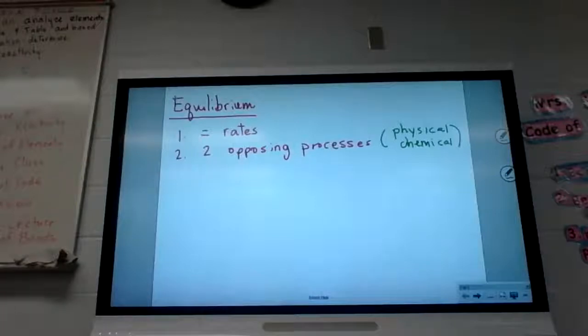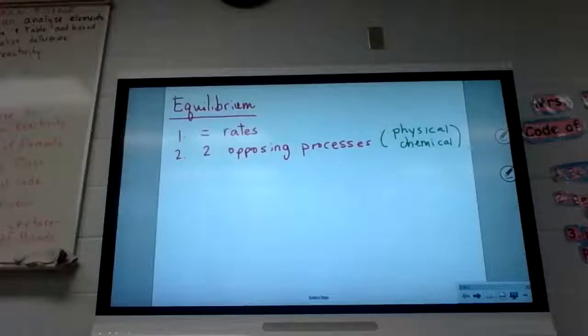Next week, best guess is Monday or Tuesday, we'll talk about chemical processes. We'll learn to write chemical equilibrium expressions and calculate what's called K, which y'all will like because they're pretty easy. And then we're going to learn how to shift equilibrium, which most of you will hate because there are rules to go with that.